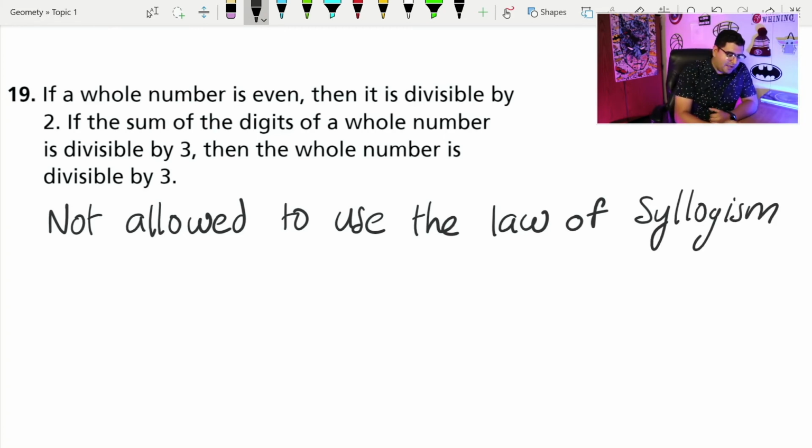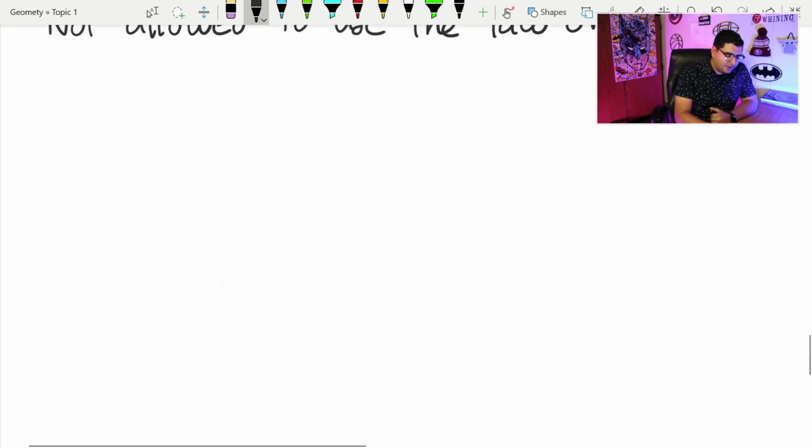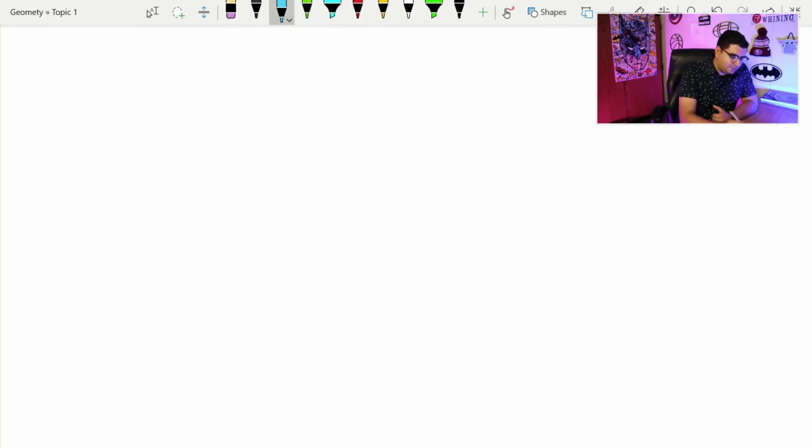Another way I can use the law of syllogism that's pretty popular is a lot of times we see the statement if A is equal to B. That's one statement. And if B is equal to C. Let me rewrite this with different colors.